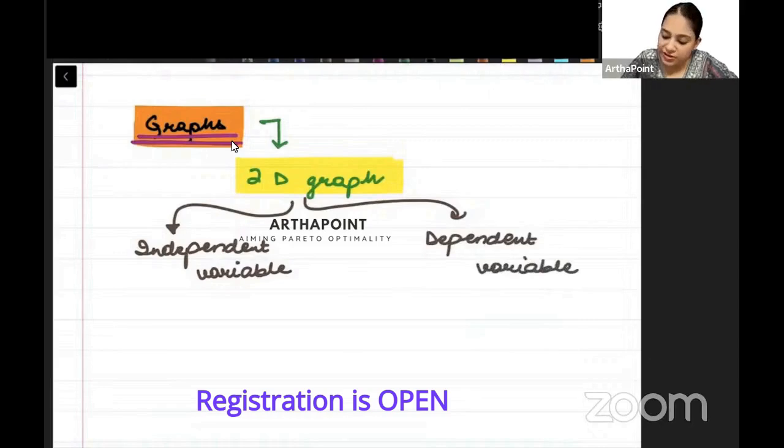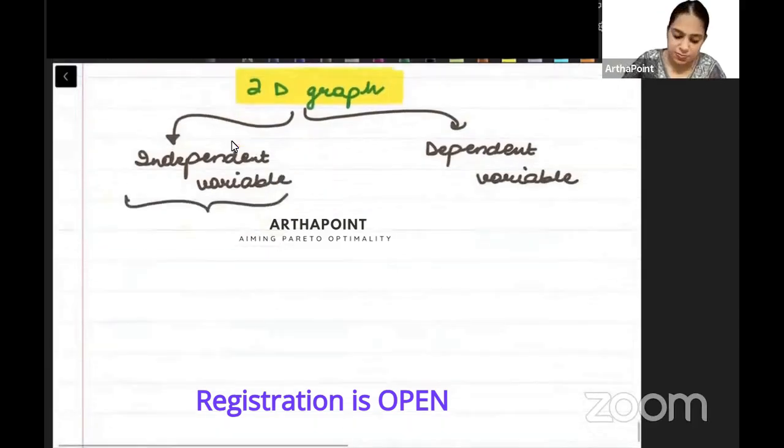ठीक है बेटा, whatever is the independent variable उसको हम हमेशा x-axis पे plot करते हैं.